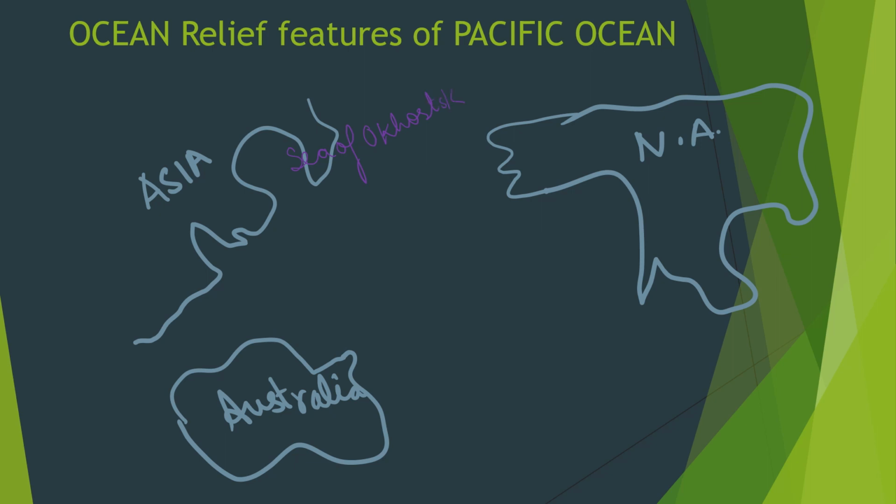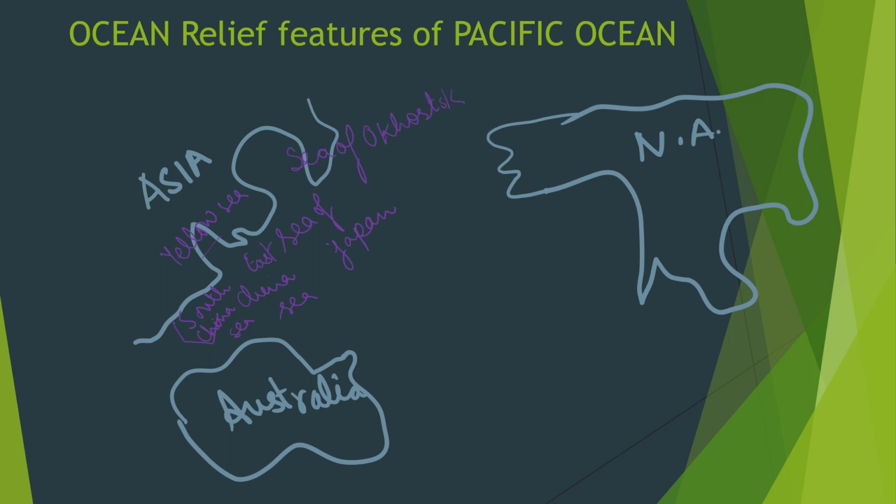The next one we have is the Sea of Japan. Next we have the Yellow Sea, which is found in this region. Next we have the East China Sea, and in the southern part of this we have the South China Sea. These are the most famous seas in this region.